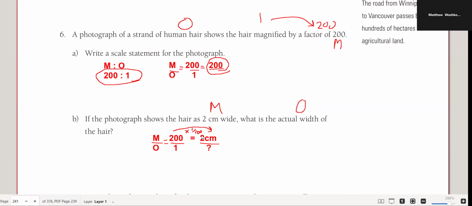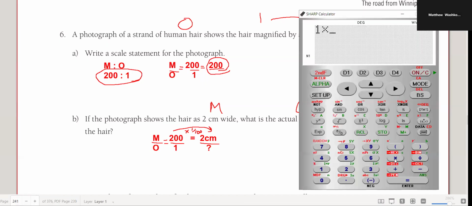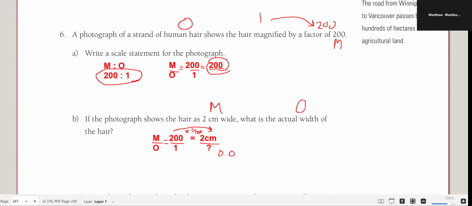Reverse magic number, 2 divided by 200 gives me 1 over 100, which means 1 times 1 over 100 will give me the actual answer. So 1 times 1 over 100 gives me 0.01 centimeters in this case.